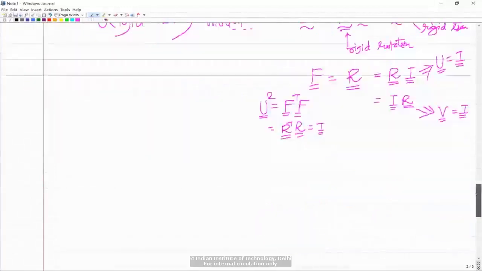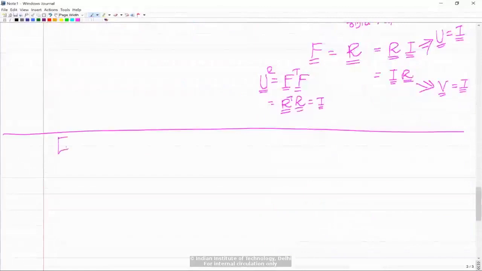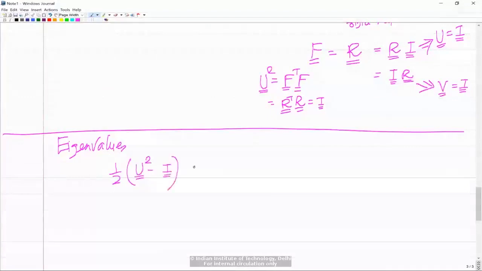Let me just write here. So if you think of eigenvalues, then half of u square minus identity. Can someone tell me what will be its eigenvalue? If u has eigenvalues lambda i, then what is the eigenvalue of this tensor?